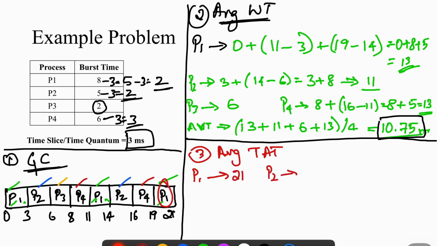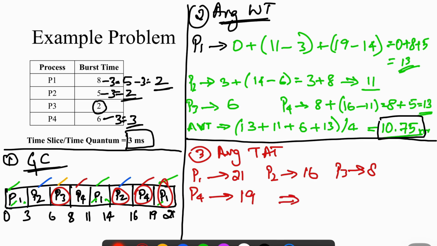Then where did P2 complete? P2 completed here, that is 16 milliseconds. Where did P3 complete? P3 has only one occurrence, it is 8 milliseconds. Then I have P4, multiple occurrences, so it is 19.